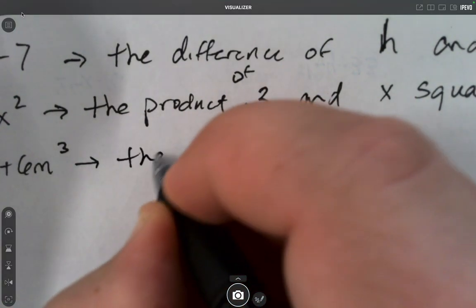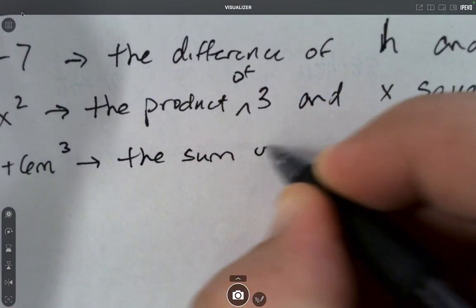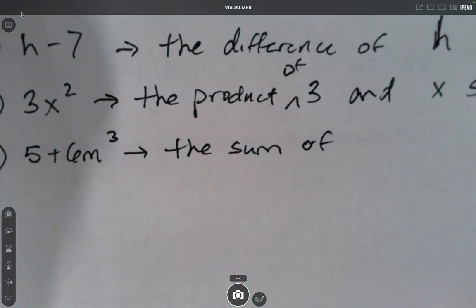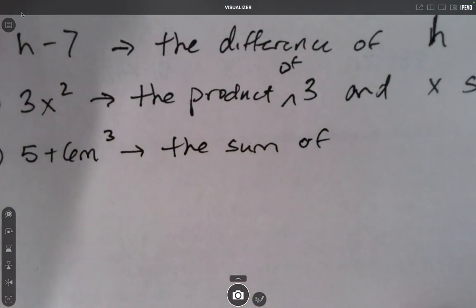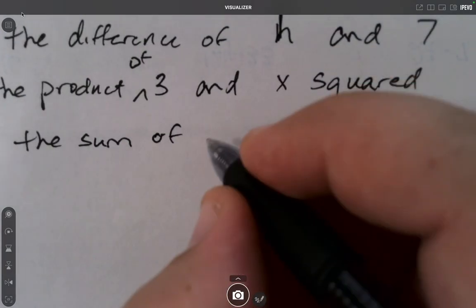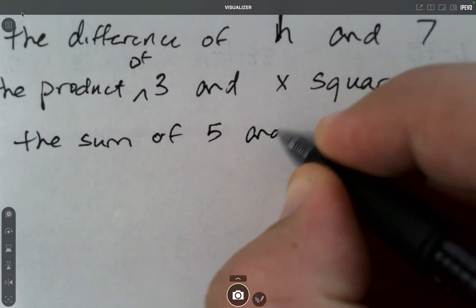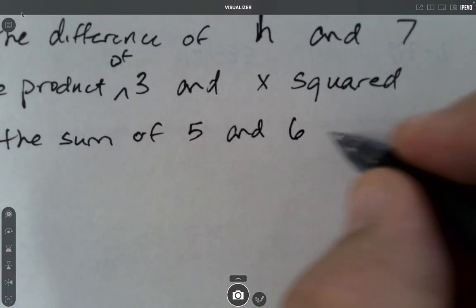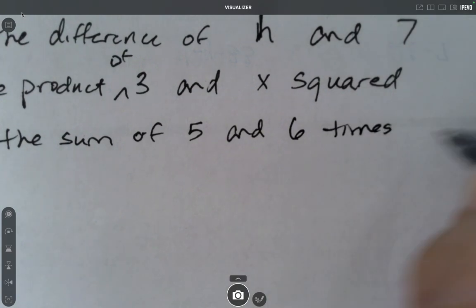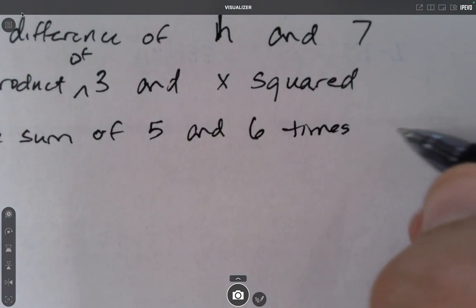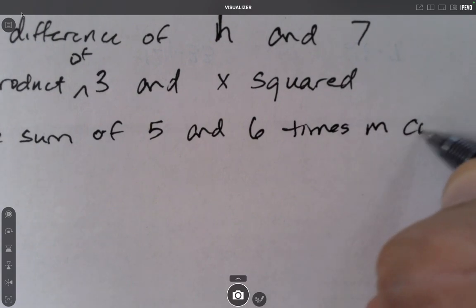So the sum of, and what we're adding together is 5 and 6m squared. So I say the sum of 5 and 6 times, oh, I may have said squared, that's m cubed.